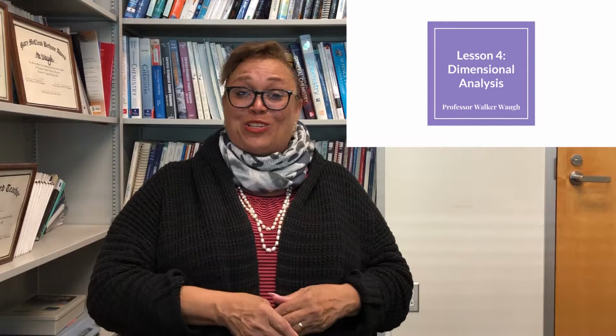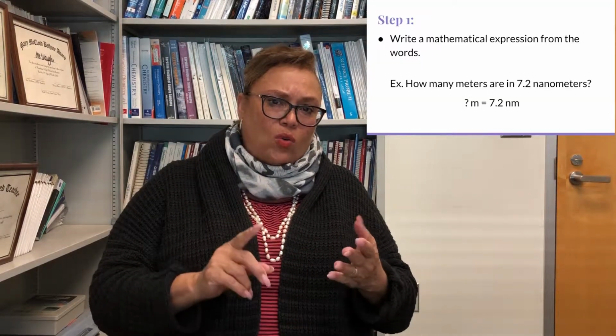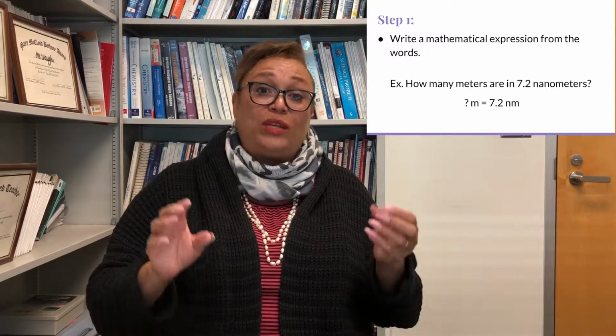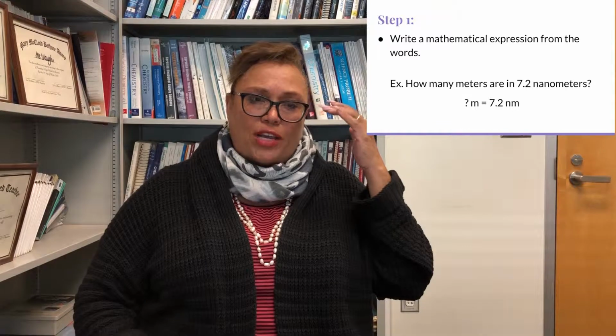Moving right along. Dimensional analysis, the joy of your lives, and significant figures. So now, it's 4 easy steps. Nothing much, very straightforward. The first thing I want you to do is to always write a mathematical expression from the words. So you're supposed to be doing car chemistry.